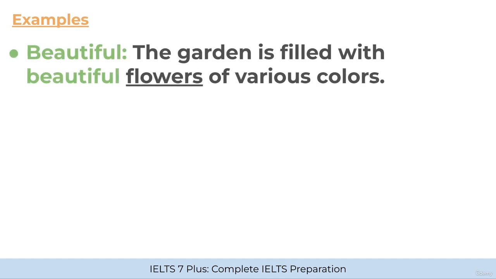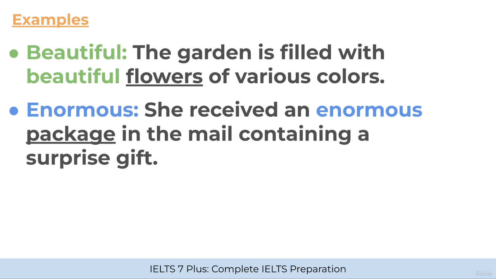Okay, some examples. Beautiful. The garden is filled with beautiful flowers of various colours. What is beautiful? Modifying or enhancing flowers. Talking about the flowers here, the noun, plural. Enormous. She received an enormous package in the mail containing a surprise gift.